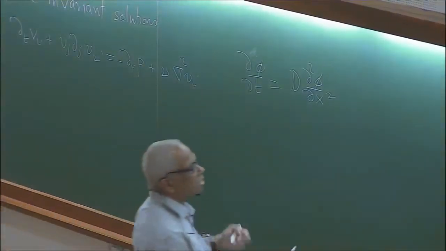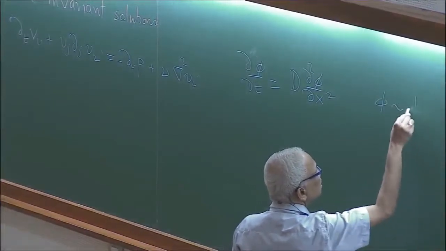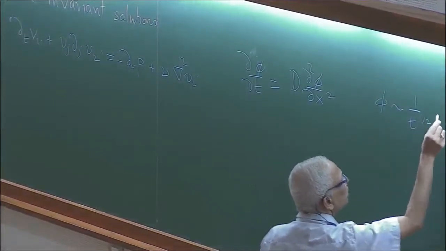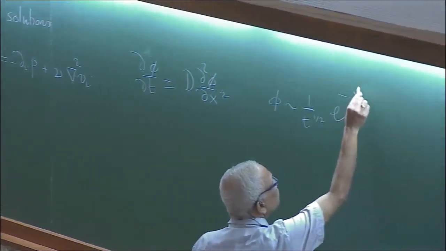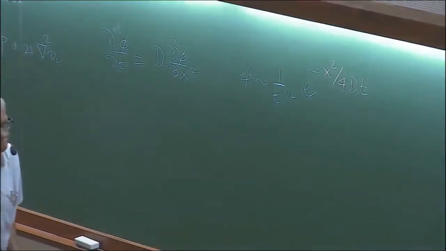You know what the solution is. The solution for this is 1 over t to the power half, e to the power minus x squared over 4Dt. So that's the solution for this equation.